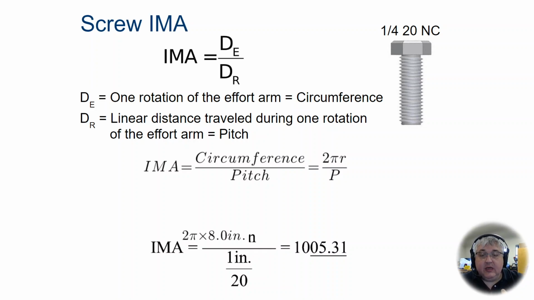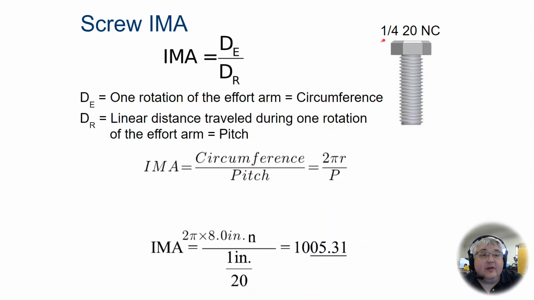So your equation is going to be IMA equals 2 pi r, circumference, over pitch. So 2 pi r over p. You might want to write that down in your engineering notebook. Just so you know, for a screw, it's going to be 2 pi r over p, the pitch, and I would write out what pitch is, so you know that.